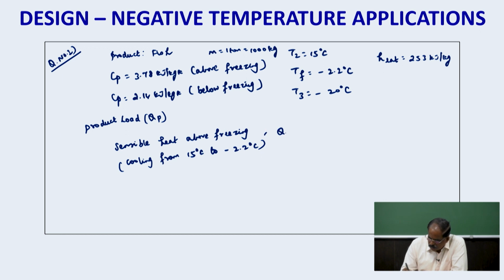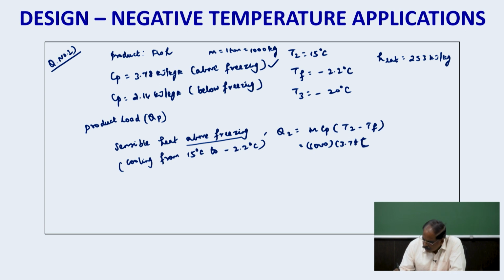Q2 is equal to MCP from T2 to TF. M is 1000, and CP above freezing is 3.78. T2 is 15, minus the freezing temperature of minus 2.2.